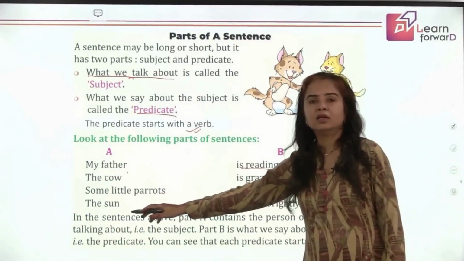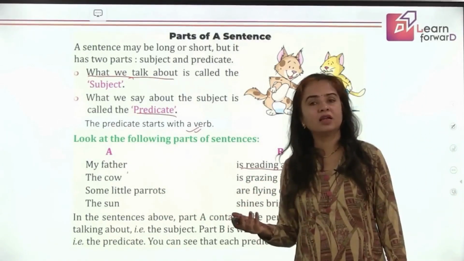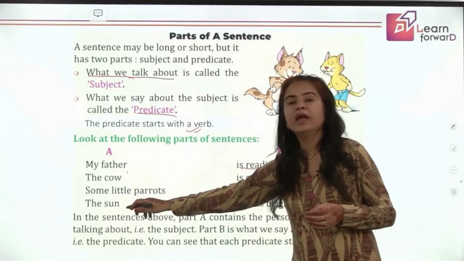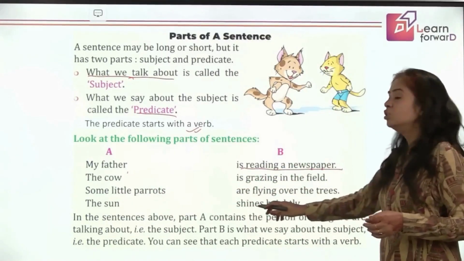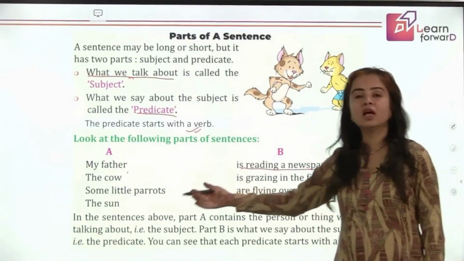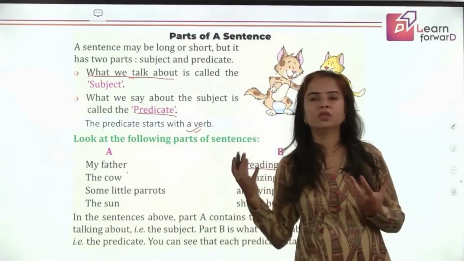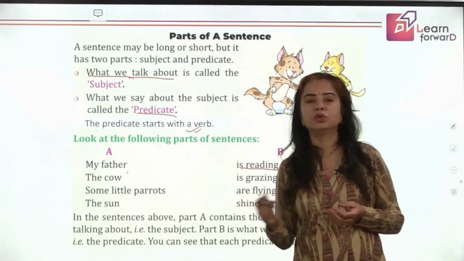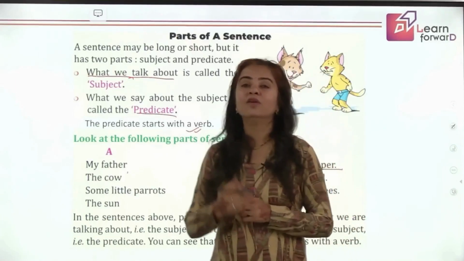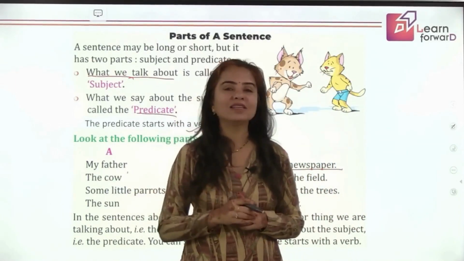The sun. What do you want to say about the sun? I am talking about the sun in this sentence. So, this is the subject. And what am I saying about it? Shines brightly. So, this is the predicate. Let's say more things about the sun and give other predicates to it. Yes, the sun gives us heat and light. Oh, good answer. The sun rises in the east.